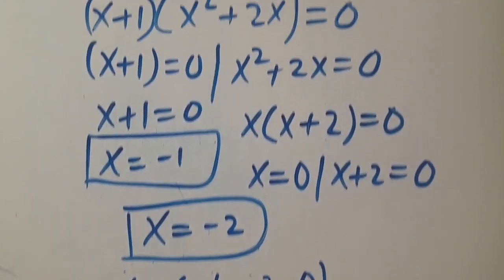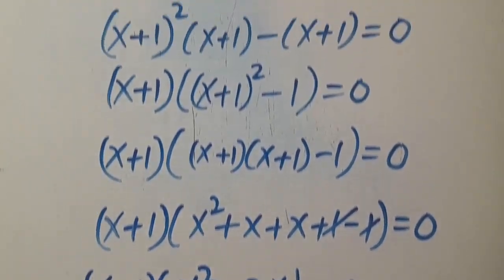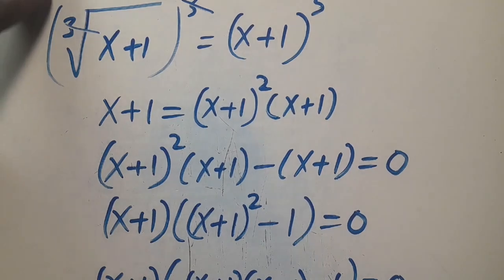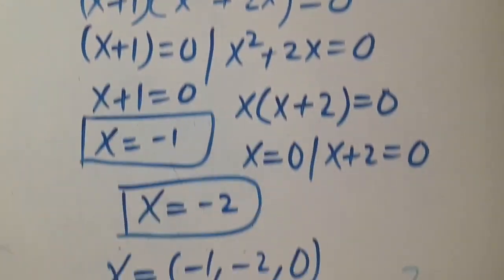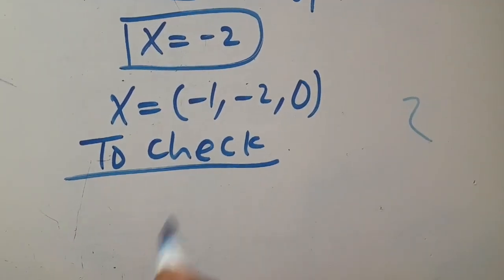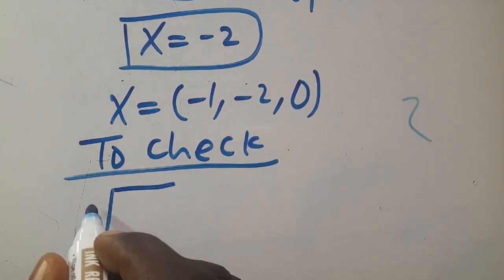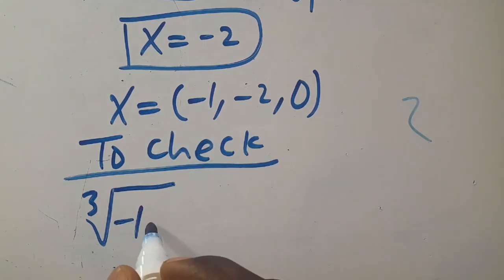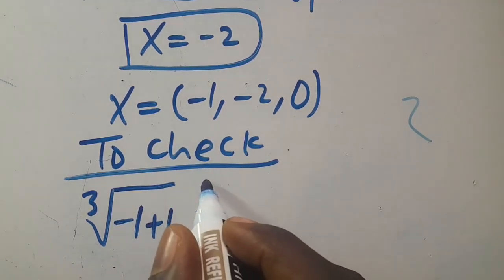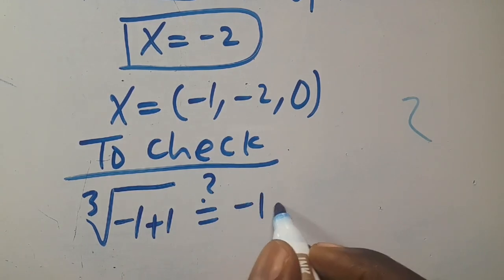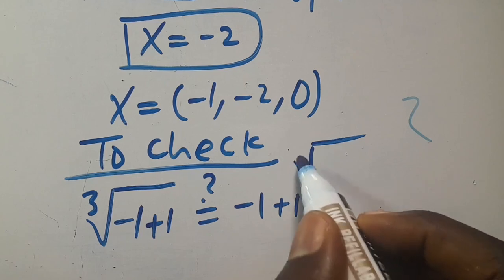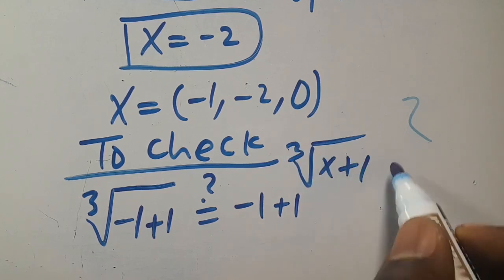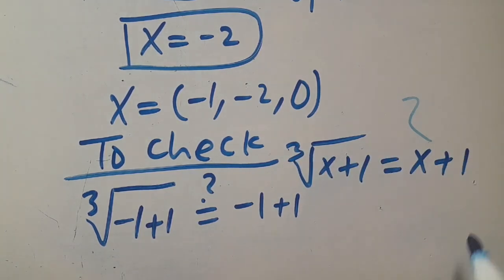Let us recall from here. So we are going to have this to be cube root of, from here will be minus 1 plus 1. Then is it going to be equals minus 1 plus 1, because this is what we have: cube root of x plus 1 equals x plus 1.